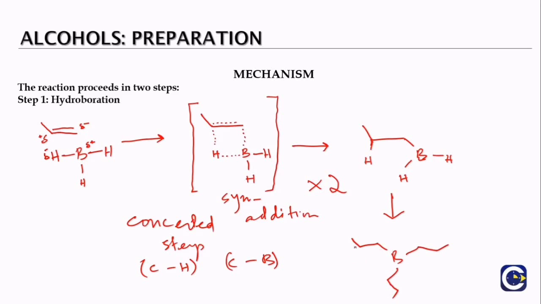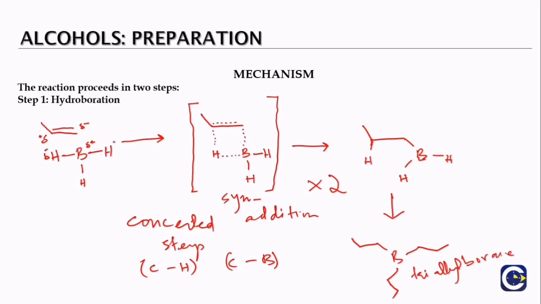In 2 successive steps these 2 hydrogens are kicked off, and in the same way we are getting 2 more alkyl groups attached to this boron. In the net reaction we are getting a boron attached with 3 alkyl groups. That's why we call it trialkyl borane. So this is the first addition product of hydroboration.